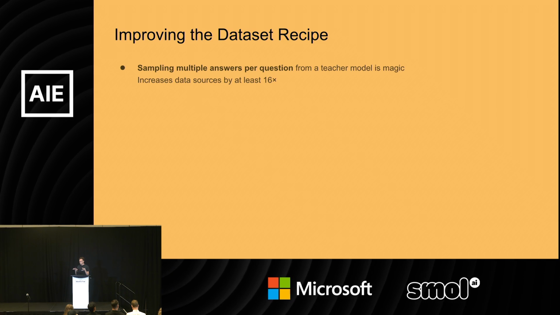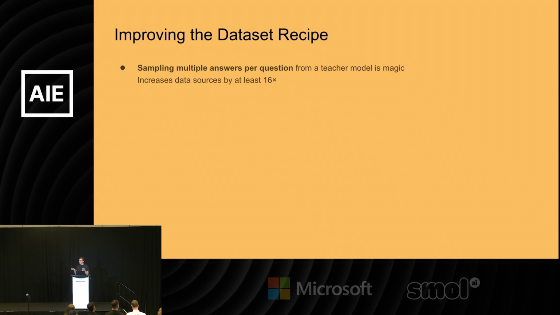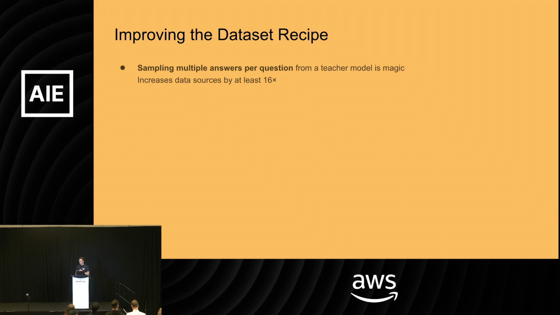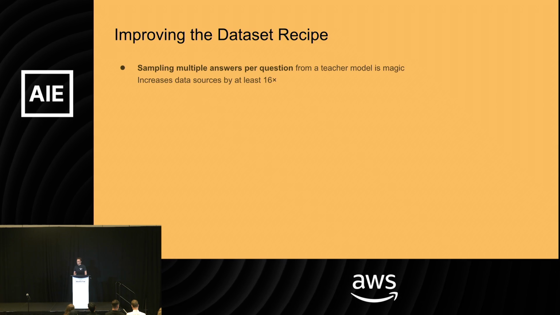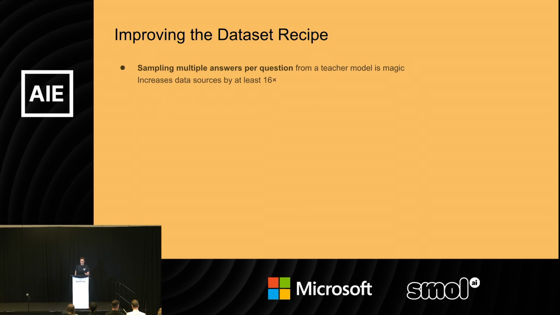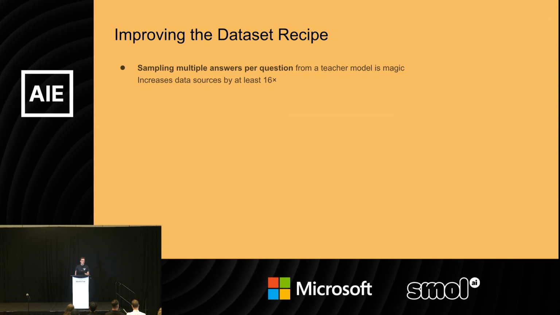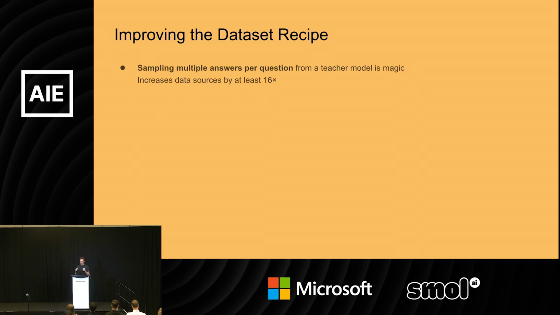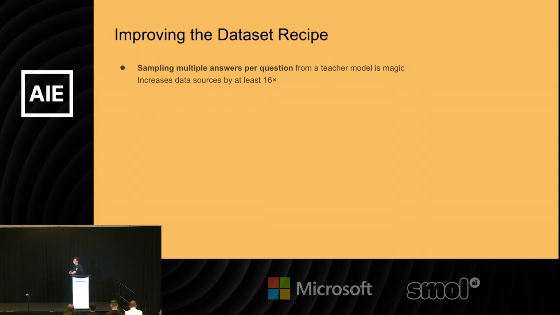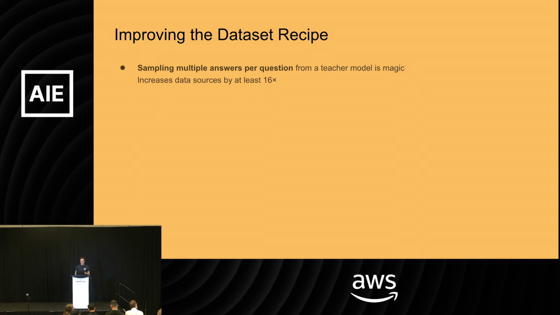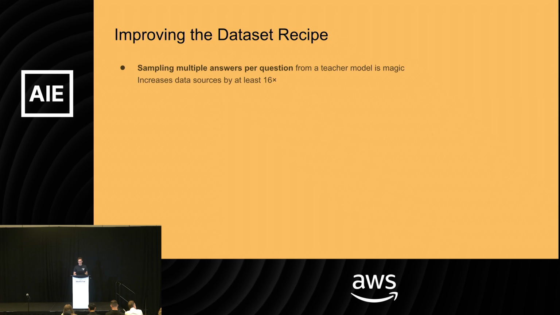If you take a fixed scale of, say, 30K examples, and you take 30K questions and only sample once per question, that performs pretty similarly to taking 30K over 16 questions and sampling 16 times for each, which is quite cool. This allows you to scale by 16x, which is more than an order of magnitude. And if you remember the graph from before, that corresponds to a pretty large increase in accuracy.